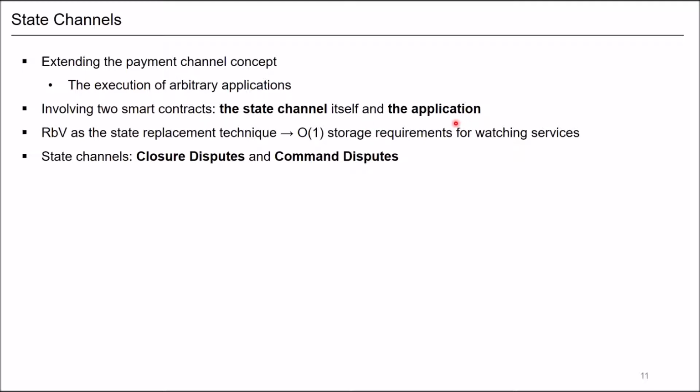Non-state channels rely upon RBV as the state replacement technique and thus entail big O(1) storage requirements for watching services. To the best of the authors' knowledge, only Sprites and Perun offer formal security proofs. So this paper distinguishes state channels among closure dispute and command dispute.